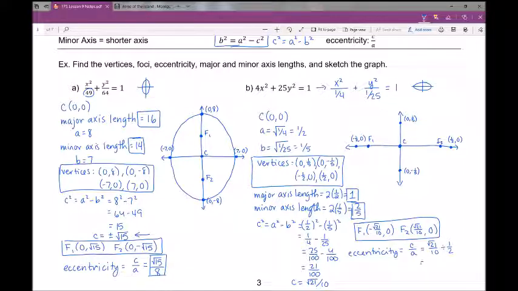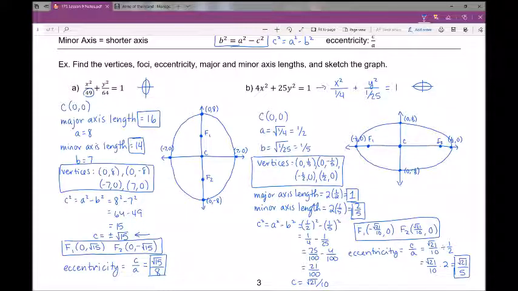So if I divide these fractions, I get the square root of 21 over 10 times 2, which gives me the square root of 21 over 5. Okay, so that is the last thing I needed to find, my eccentricity. And now I just need to connect all of the dots in my picture. So if we connect the vertices, we again get a nice looking ellipse in the horizontal direction, and so that is your picture. All right?